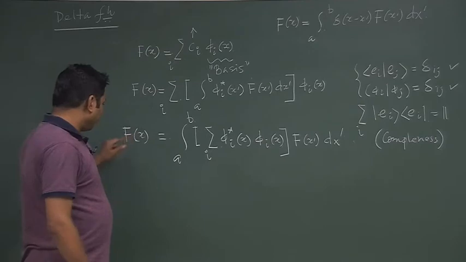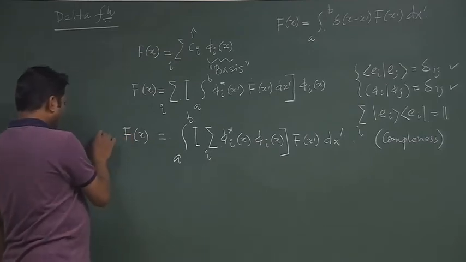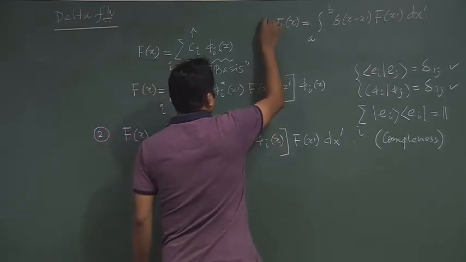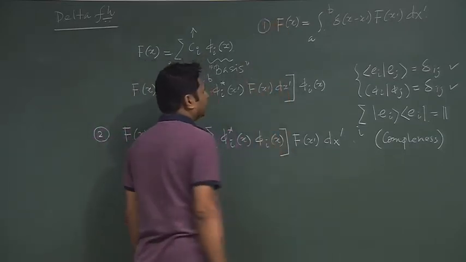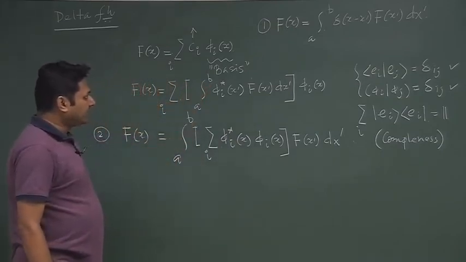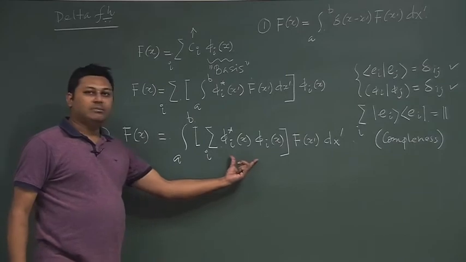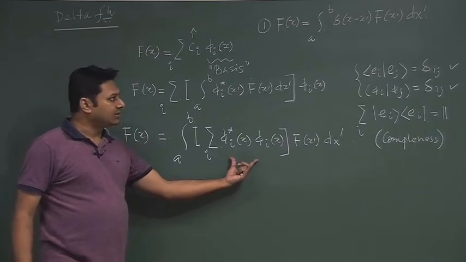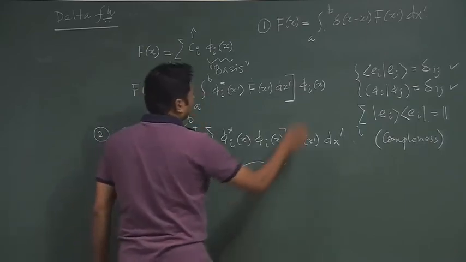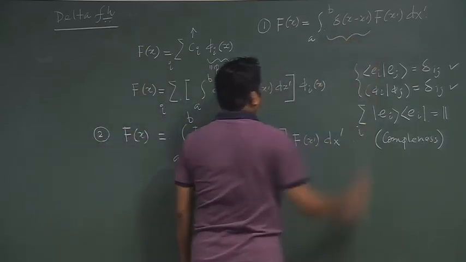So now if I compare, say this is my equation 2 and this is my equation 1 that I have already figured out. If I compare these two, then I have a relationship between the delta function and my basis function. The rest of the things are the same, so this quantity is equal to this quantity.